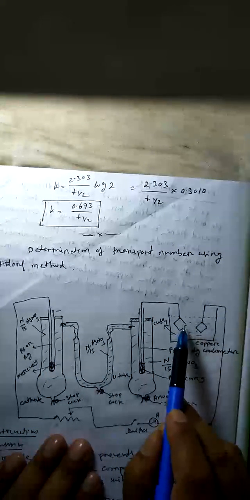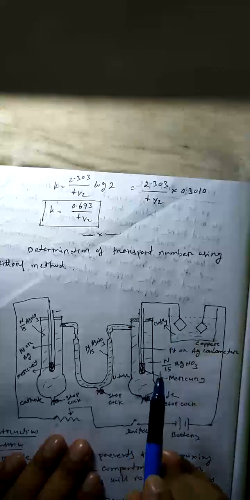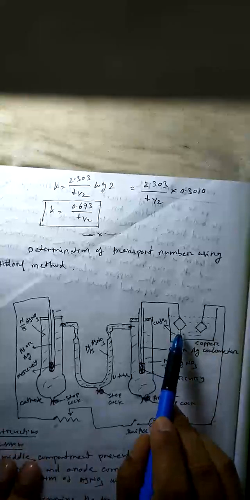What is the amount of copper deposited in the cathode? Because this apparatus is connected in series, whatever electric current passes through it, the same current also passes through this apparatus. So from the amount of copper deposited in the cathode, you find out the current passed, using Faraday's law of electrolysis.